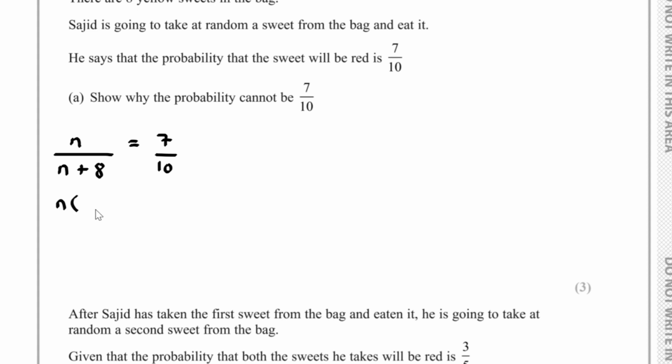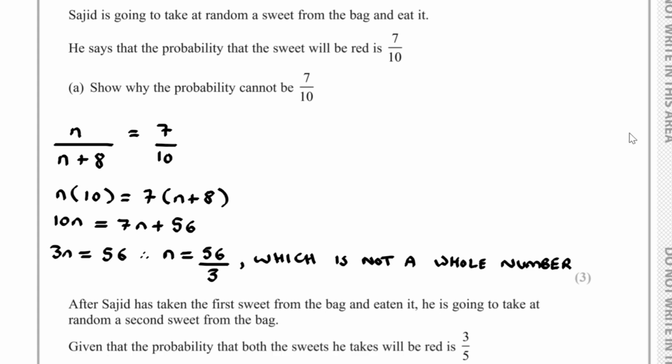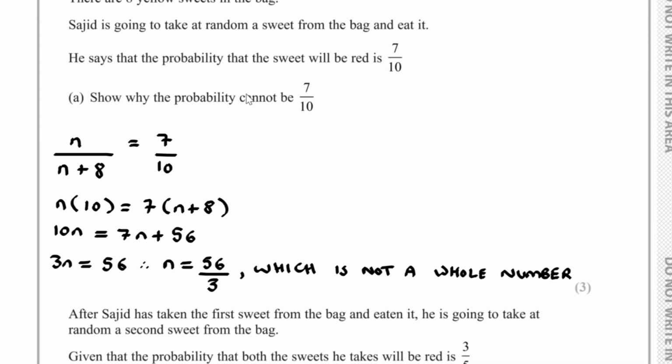Well, we have n multiplied by 10 equals 7 multiplied by n plus 8. 10n is then equal to 7n plus 56. 3n is equal to 56. Well, n is not going to be a whole number. So n is equal to 56 over 3. So n equals 56 over 3 is not a whole number, so we can't conclude for definite that the probability is 7/10.